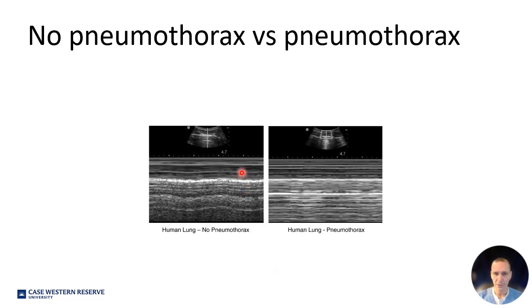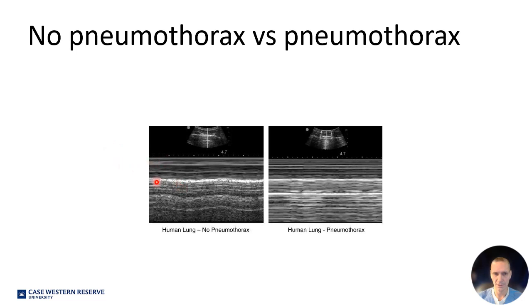Now M mode, clinically, you do not need M mode to tell you that the lung is up or there is potentially a pneumothorax. However, for documentation purposes, this is motion over time. And what you're going to see is they call this finding sand on the beach. So you have the sand here, this little grainy area, that represents movement.